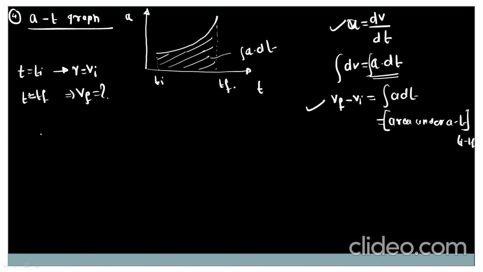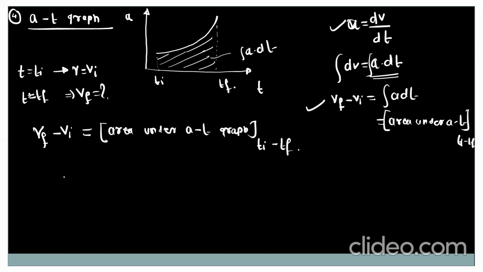We will write that equation as vf minus vi is equal to the area under the AT graph between the time limits ti and tf.